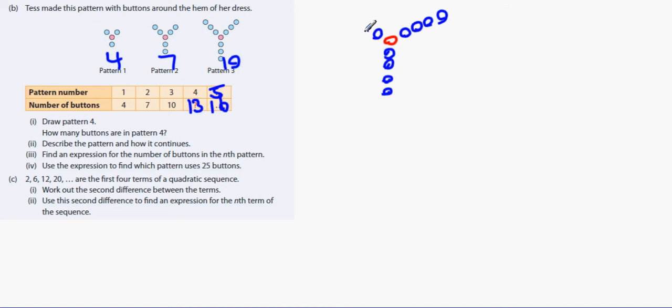Okay, describe the pattern and how it continues. The pattern is linear or arithmetic. Arithmetic.